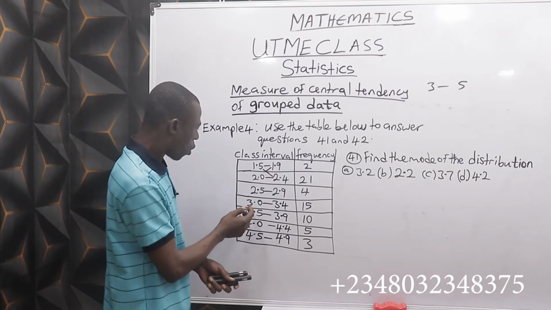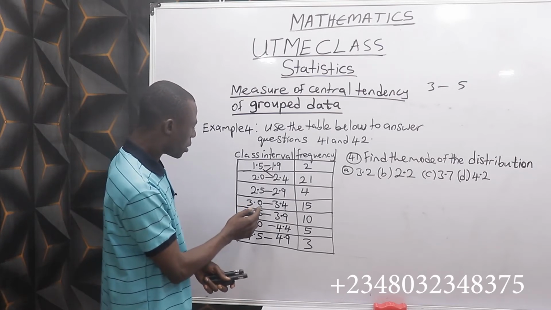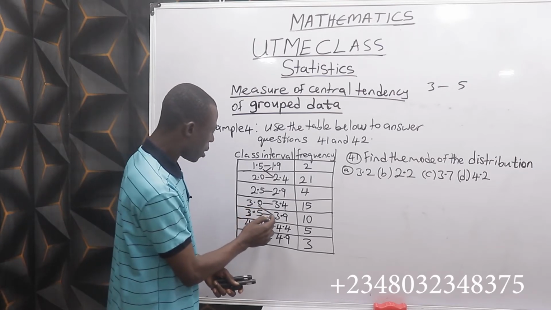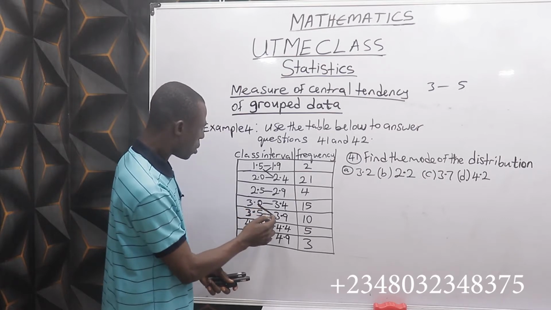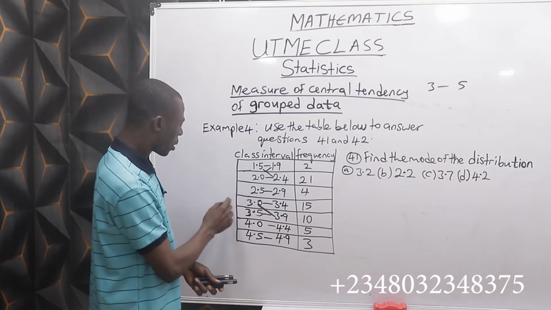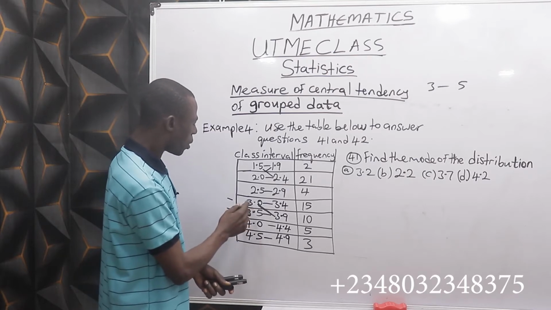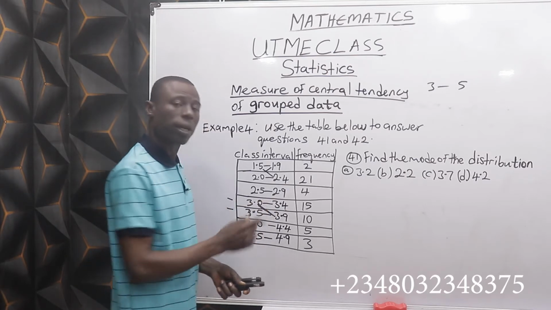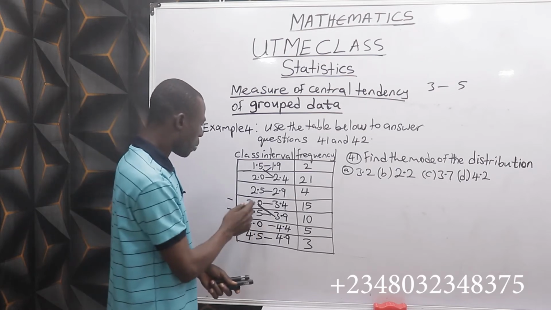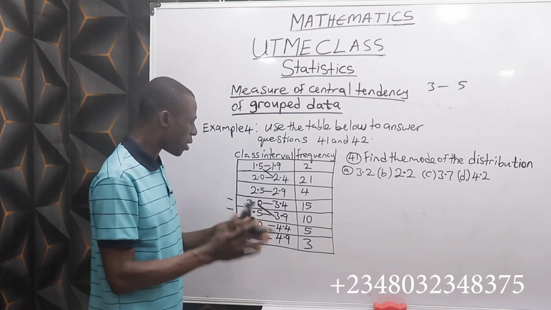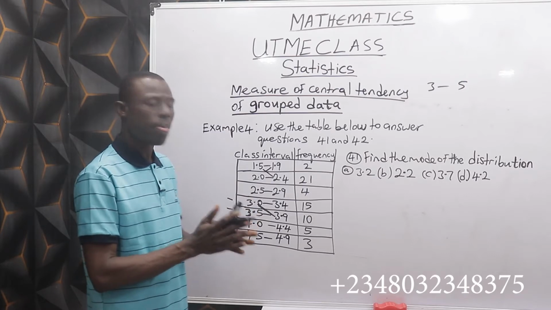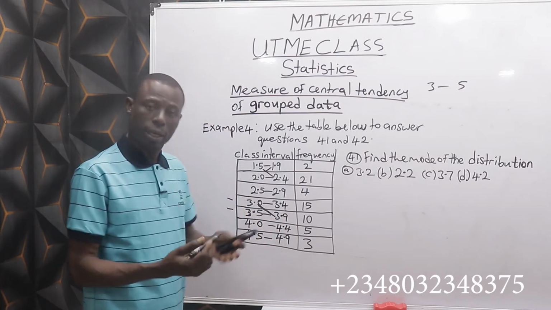Just like if you come here to use these class limits, that is this class and this class, you find the mean of 3.0 and 3.9. That is 3.0 plus 3.9 will give you 6.9. Divide it by 2 to actually get the mean.